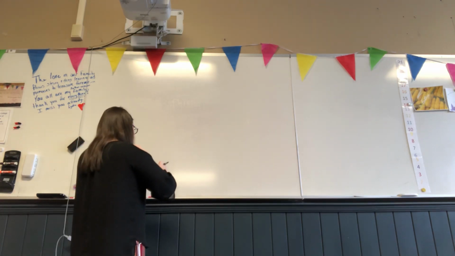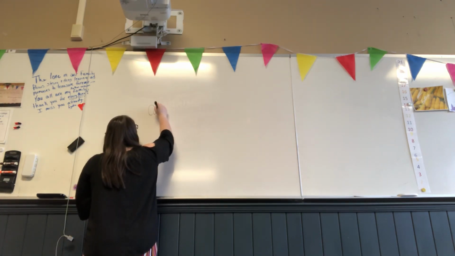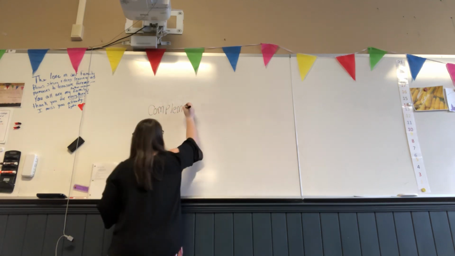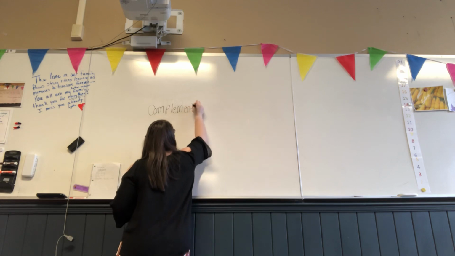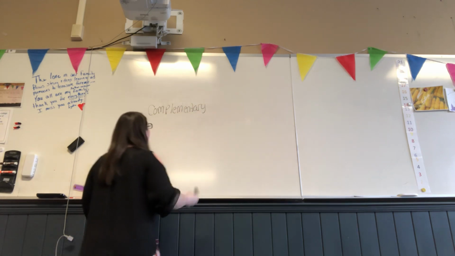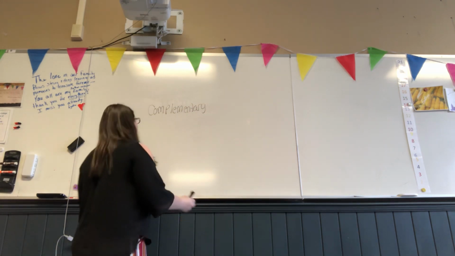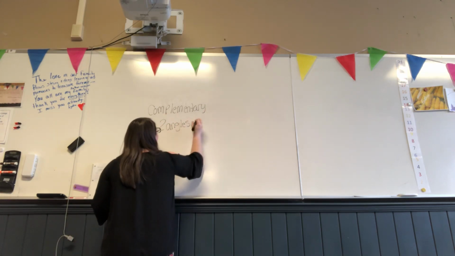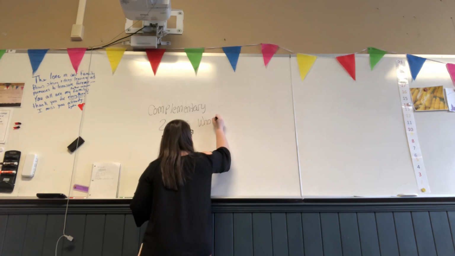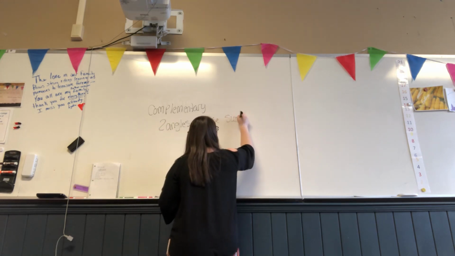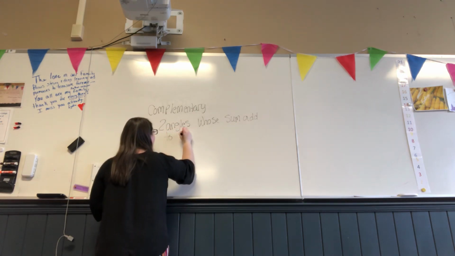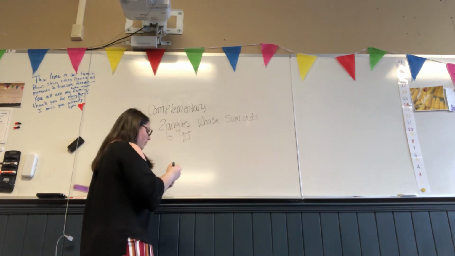So complementary angles, if you guys can remember back, it's probably been about a month and a half or so, we did complementary angles. And that means 2 angles whose sum add to 90 degrees.